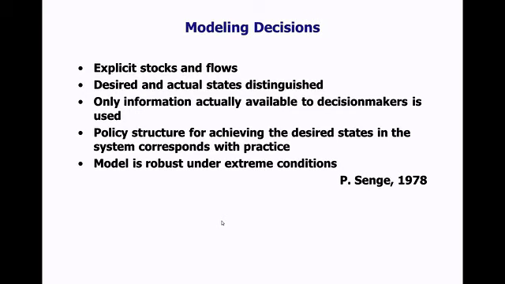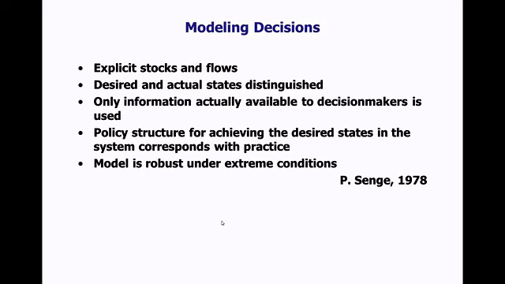So typically there's some kind of gap closing formulation where there's a desired inventory and an actual inventory, and the decision to produce product is driven by the difference between those states, for example. A decision should only use information that's actually available.